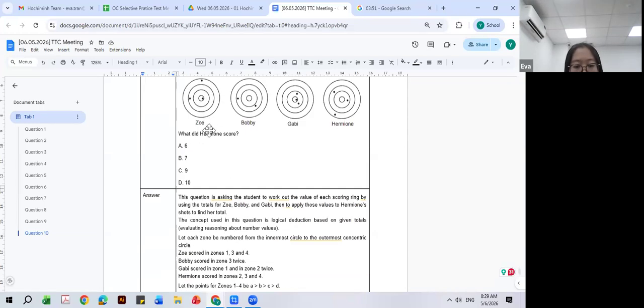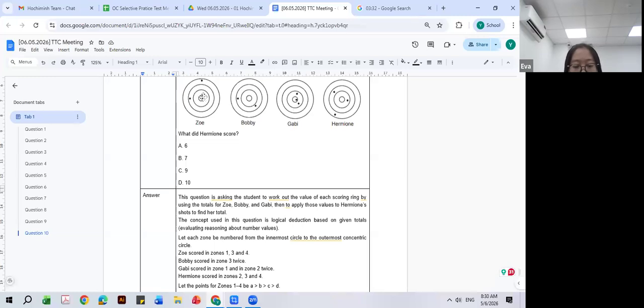So we will have Joe's score at the first region, the third and the fourth region. And Bobby will have 2 points for the third region, and Gabby has 1 point for the first and 2 points for the second region.